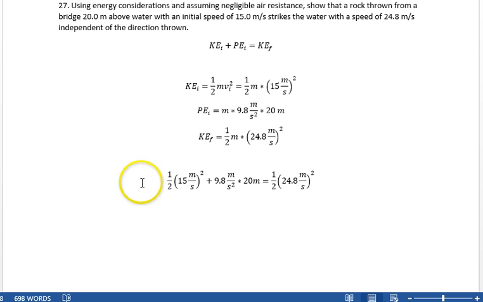All right. Now, if this holds true, then the statement is correct. It doesn't matter what angle you throw this rock at. As long as you throw it at 15 meters per second, it's going to hit the water at 24.8 meters per second. Now, the angle it's at when it hits the water will be different depending on what angle you throw it at from the top of the bridge.